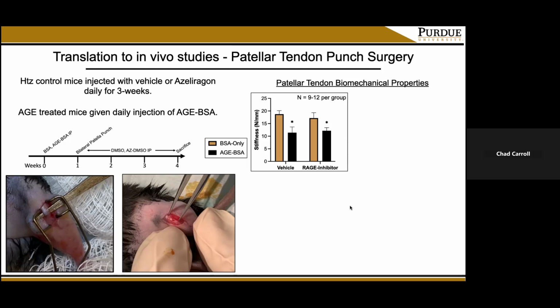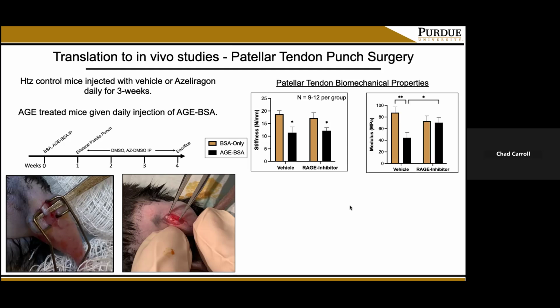Don't tell Purdue. But when we look at tendon modulus, which is derived from the stress strain curve, we measure the stress levels as we're pulling on it, and we measure the strain levels, and the slope of that curve, I'll show you some later, is modulus.